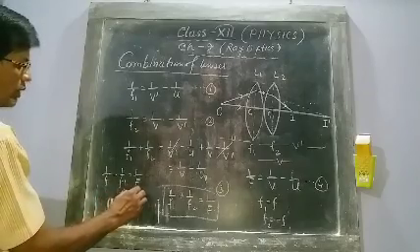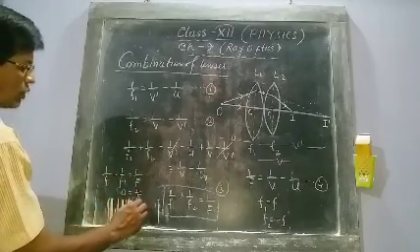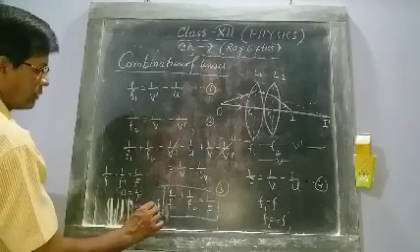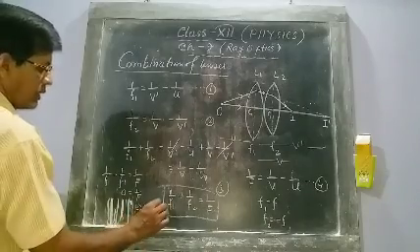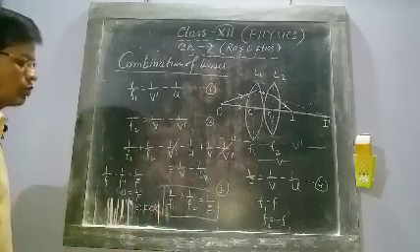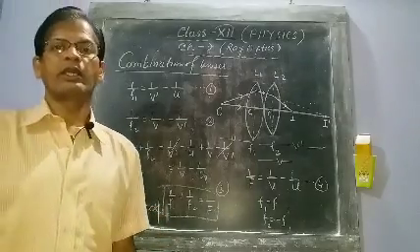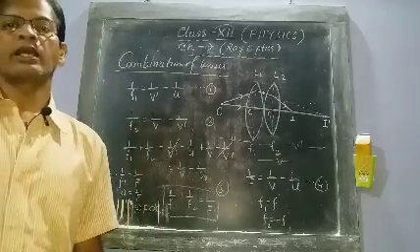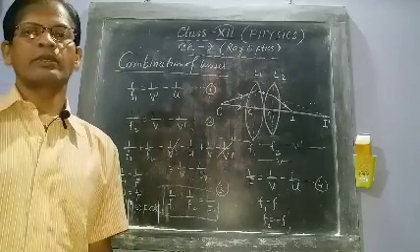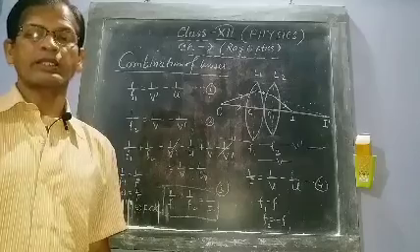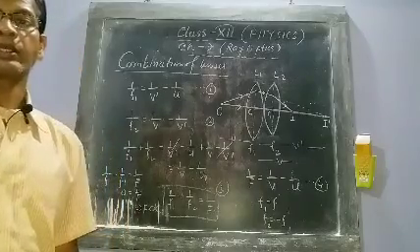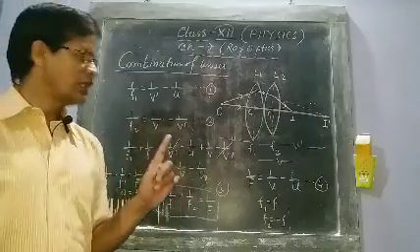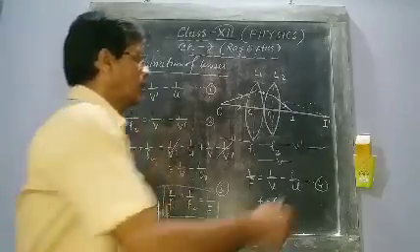So 0 equal to 1 by F, so F equal to infinity. So focal length will be infinity. That means this lens combination acts as a glass slab, a glass plate.